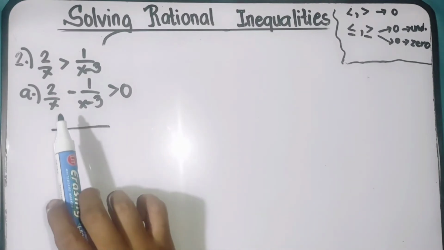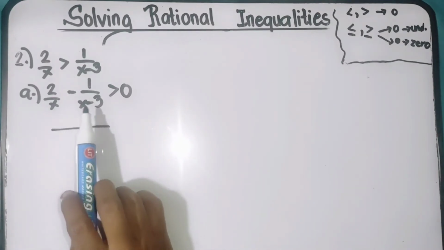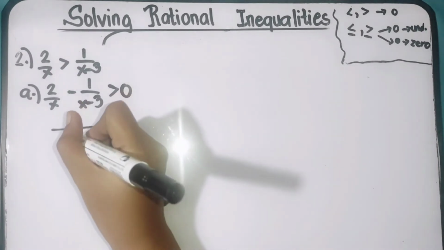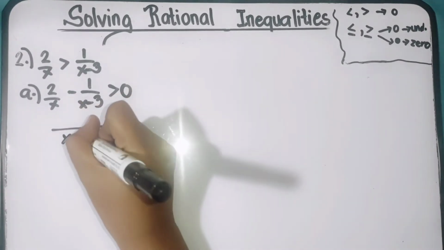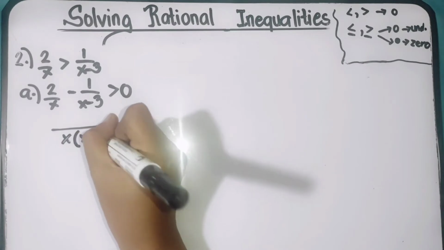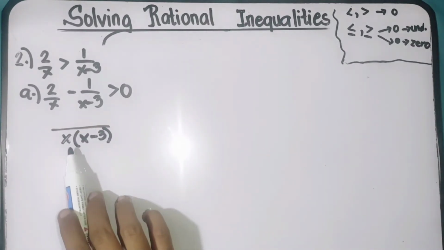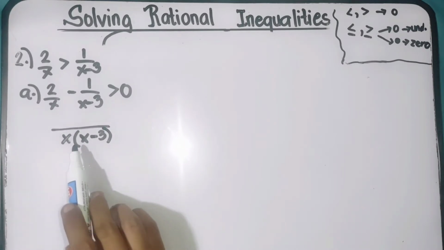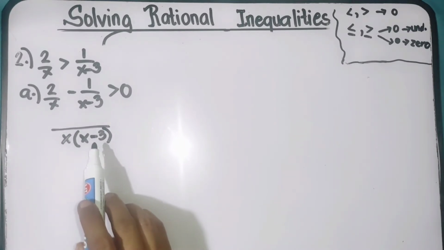To get their LCD, just simply multiply both denominators. X times x minus 3. X times x minus 3 divided by x, cancel x, only x minus 3 is left.